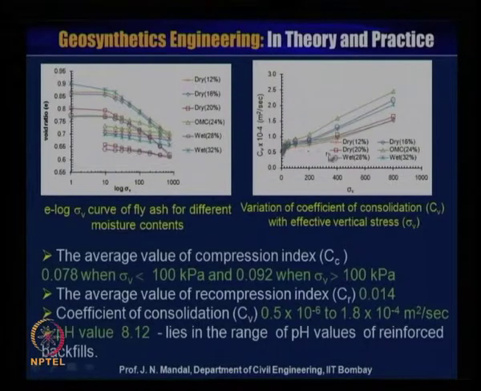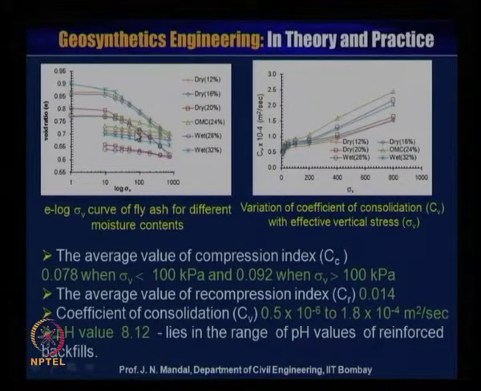You can see the nature of the curve is the same. It is increasing, then a little bit constant, and then increasing again. That means the coefficient of consolidation increases with increasing vertical stress.